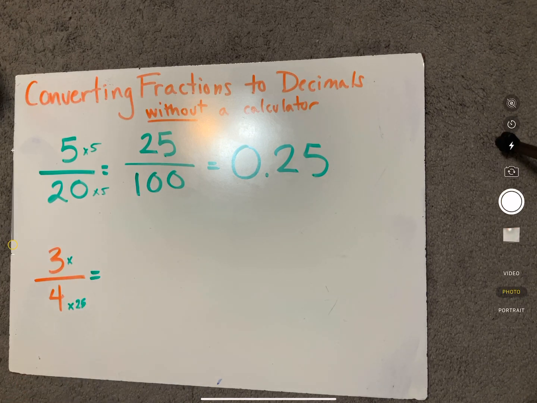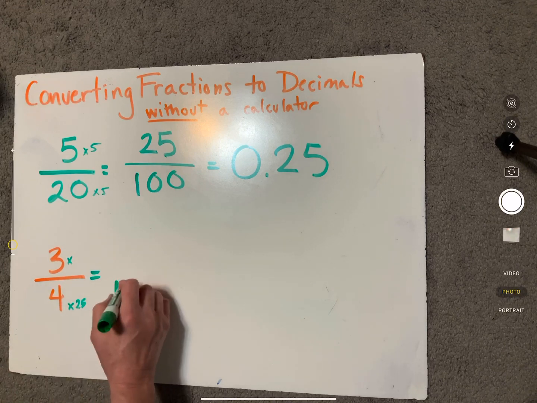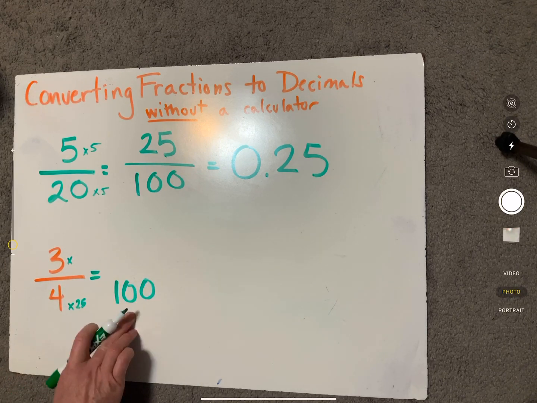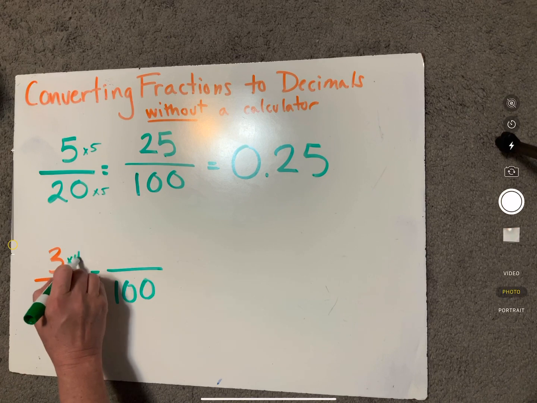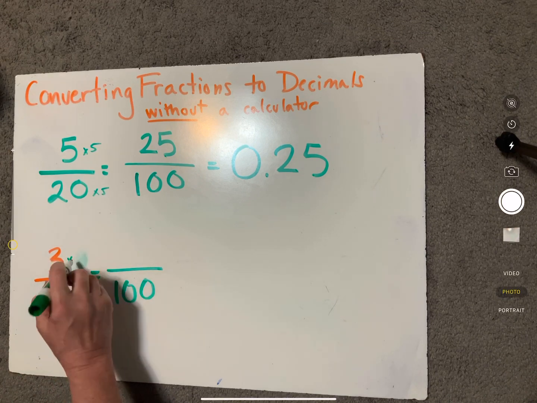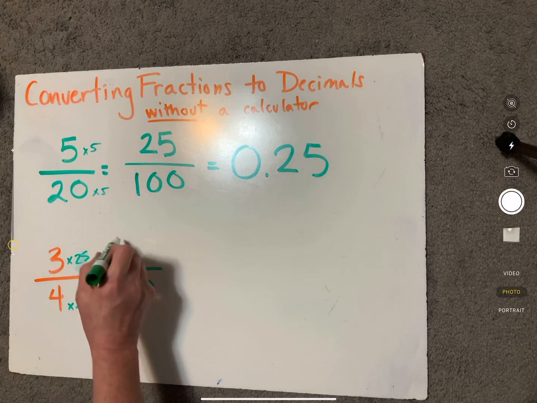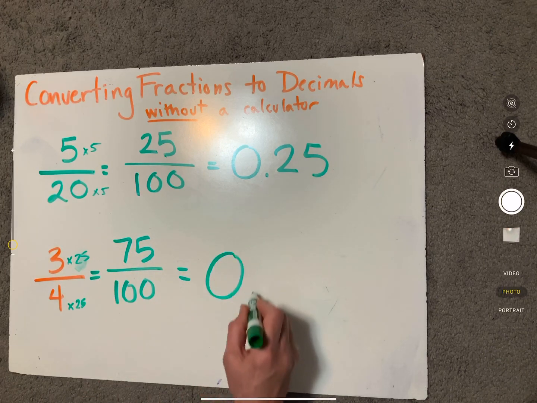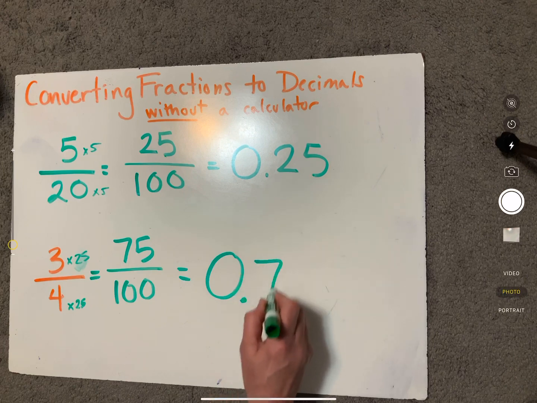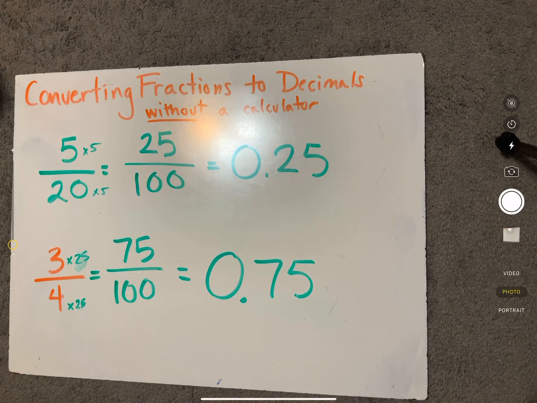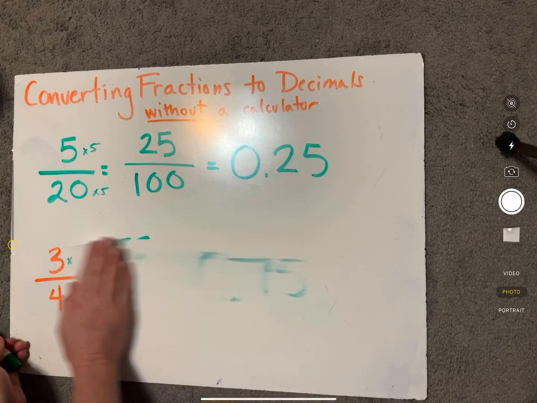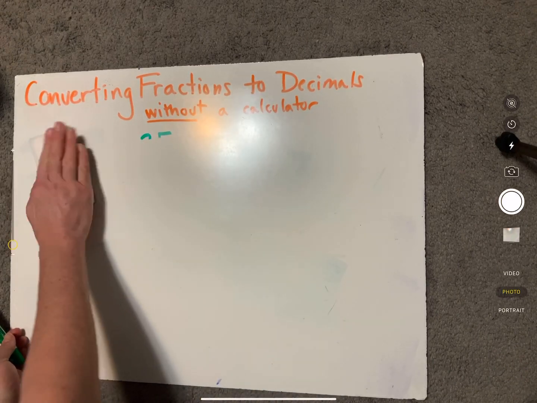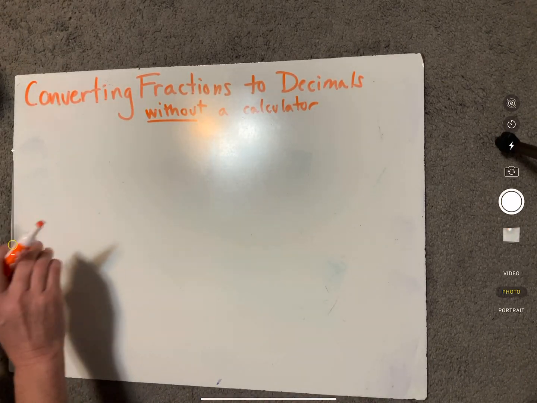Think about quarters, right? 4 quarters make $1. So 4 times 25 is 100. 3 times 25 would be 75. So now we're able to write our decimal, 75 hundredths, like that. That would be a way to make those two into decimals.